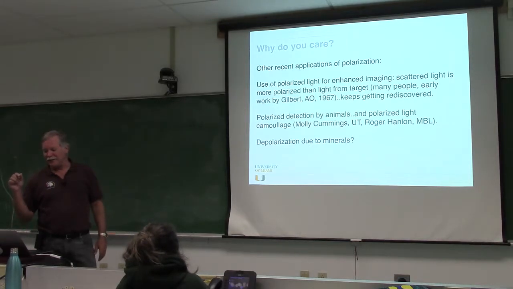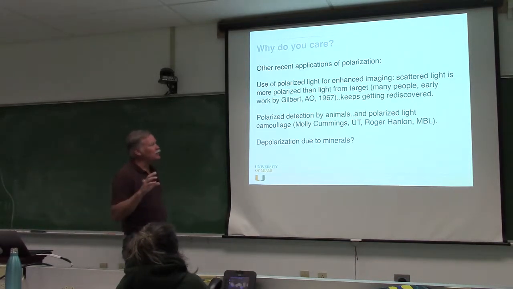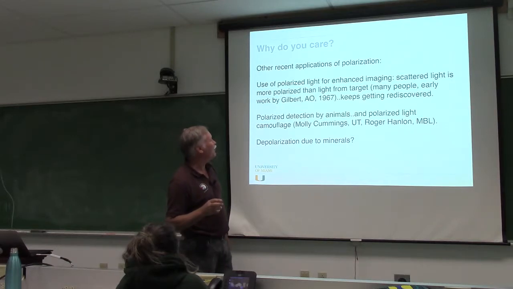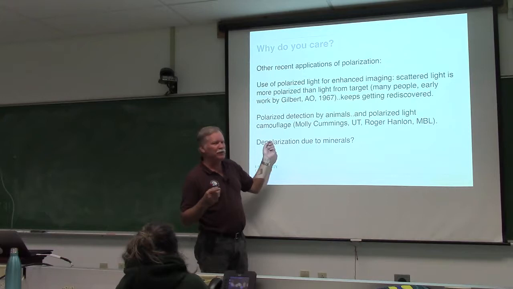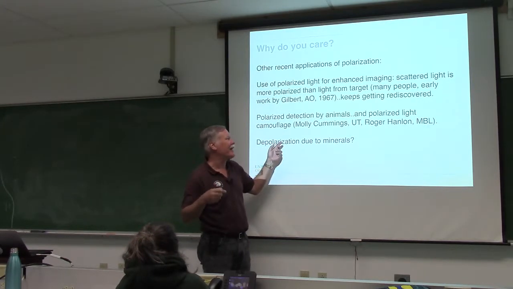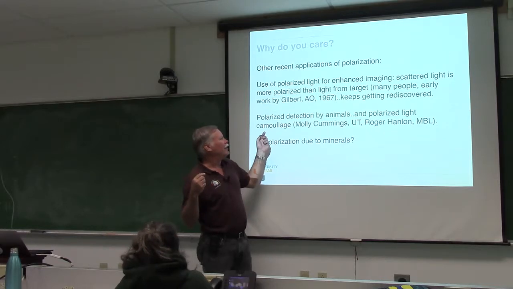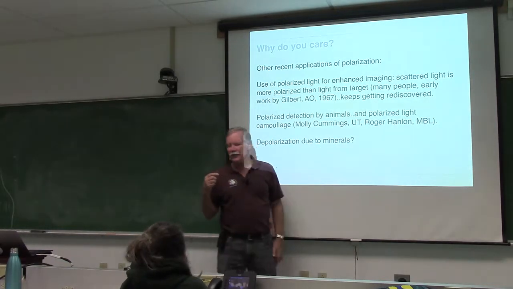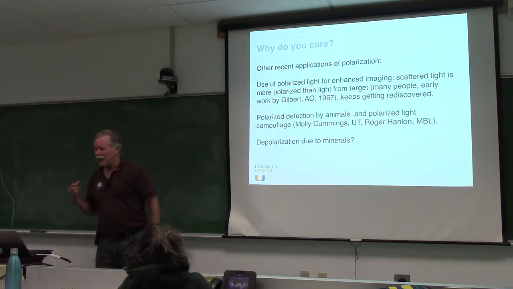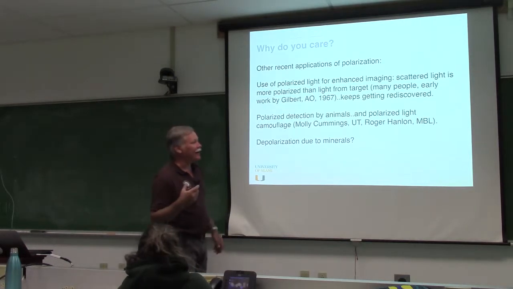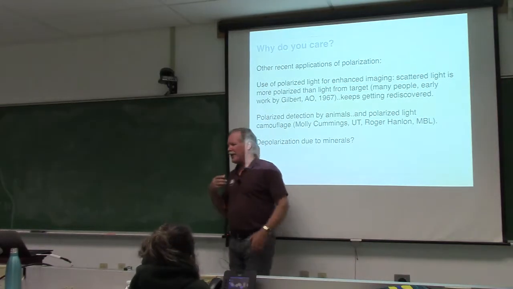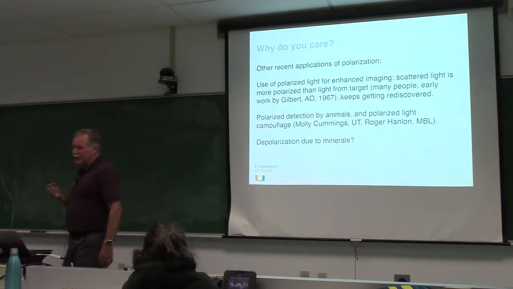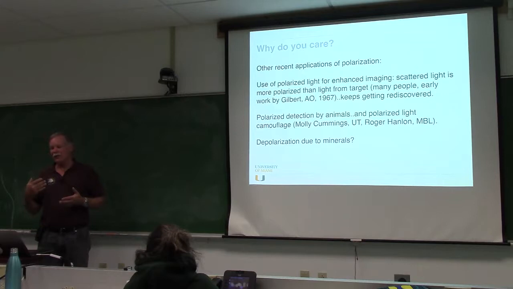Animals use polarized detection and polarized light for camouflage. There was a big Navy project. You were involved, weren't you, Kurt? Oh, okay. George Cadwar was. Molly Cummings, University of Texas, Austin. Roger Hanlon at the Marine Biology Lab has done a lot of work on how animals use polarization, both for camouflage and for signaling.